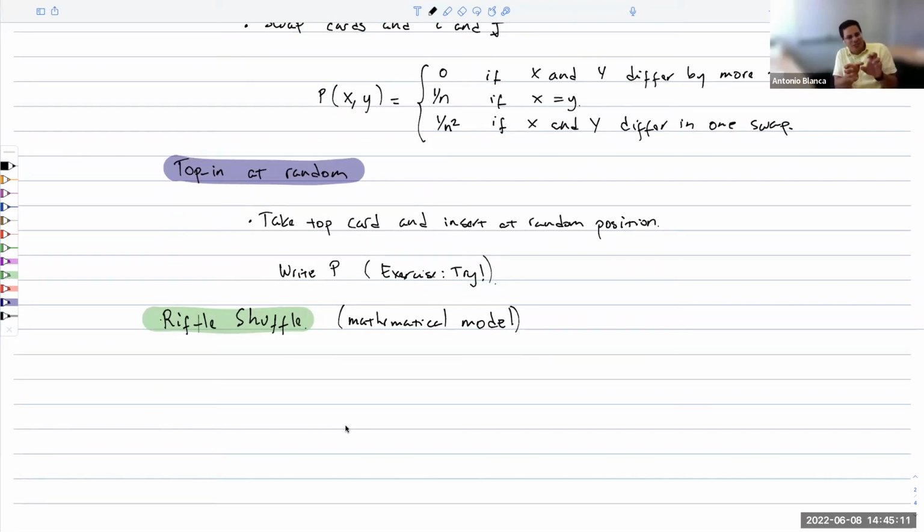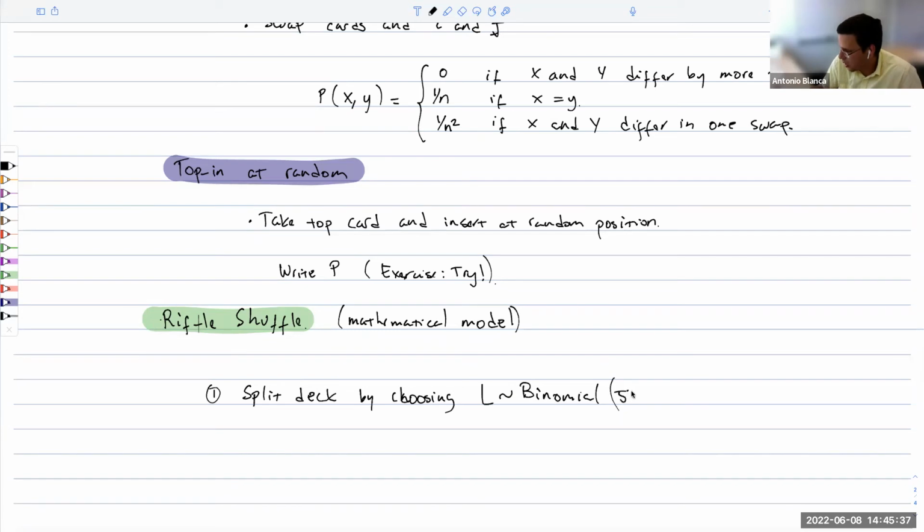You try to do it in half, but there is some error, so you may have a little more than half in one hand than in the other. So the way this is modeled is to split the deck by choosing L from the binomial distribution.